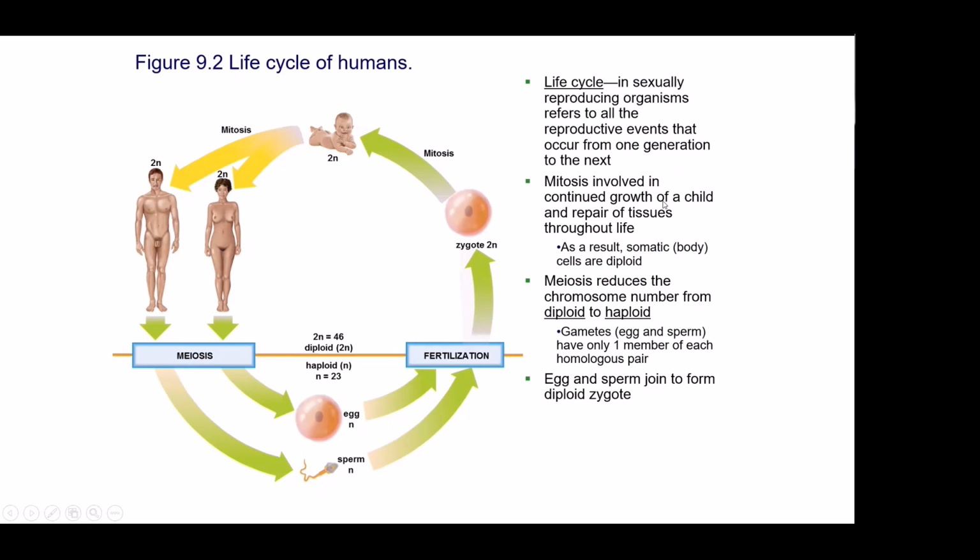Mitosis, as we said before, is always important for maintaining your tissues. The goals of meiosis that we talked about, number one, is the reduction in chromosomes so that you go from cells that are diploid to cells that are haploid, so that gametes have only one member of each homologous pair.